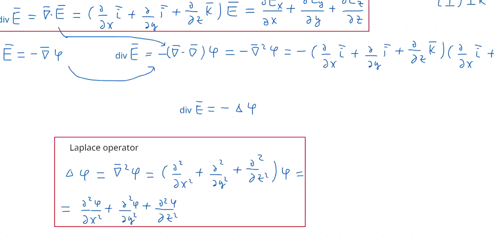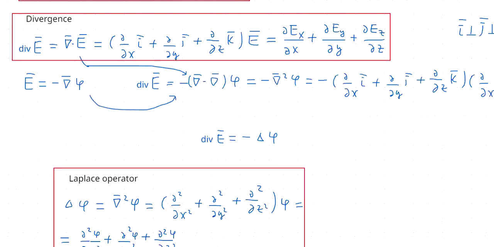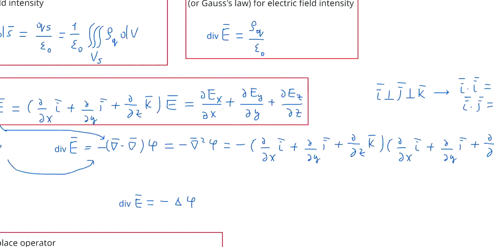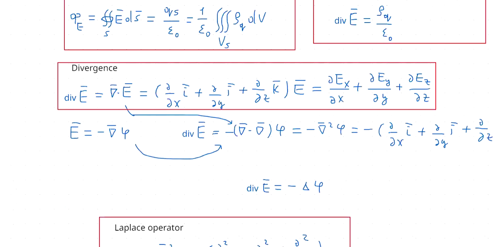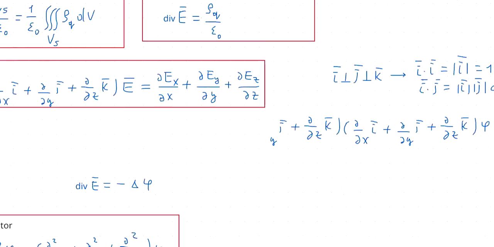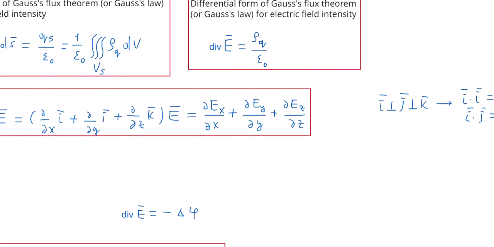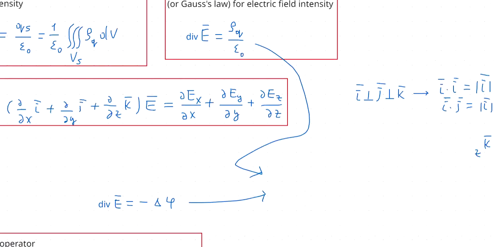And using this Laplace operator, we have obtained from here and here that Laplace operator of phi is equal to minus electric charge density divided by electric constant.